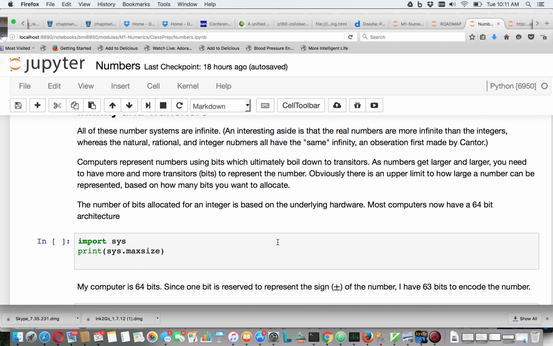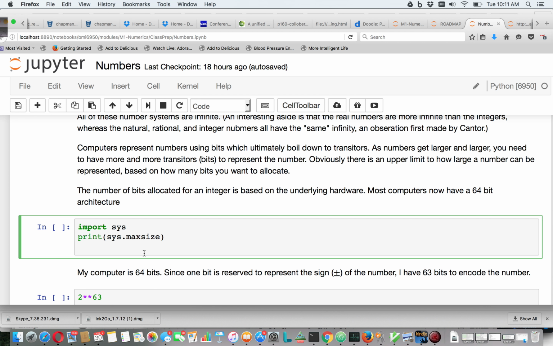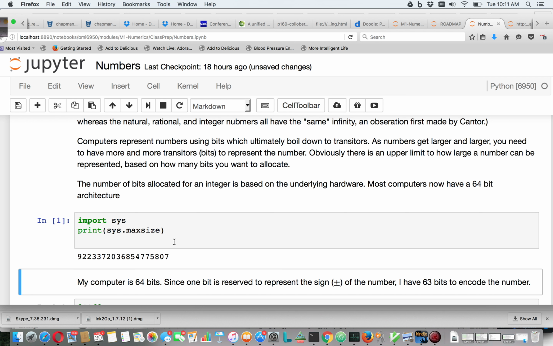And so every computer programming language like Python is going to have some limit on what it can represent. And so Python has a concept of a max size. So if I import this package sys and I print what the sys.maxsize is, this will tell me the maximum integer that I can represent on my computer. And since most of our computers these days are 64 bits, and because integers are positive or negative, I have 63 bits that I can use to represent my number.